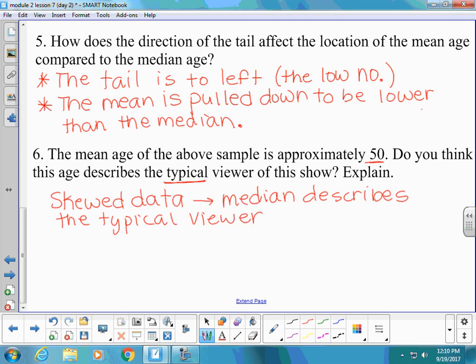On the other hand, if the data is symmetric, then the mean describes the typical viewer.